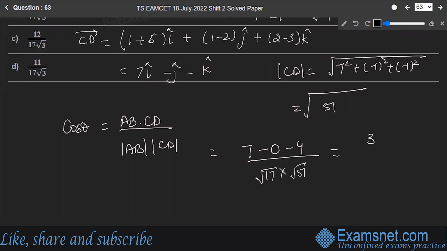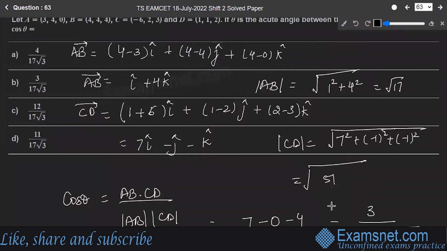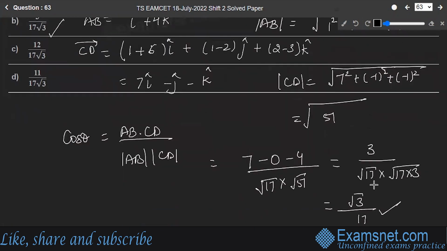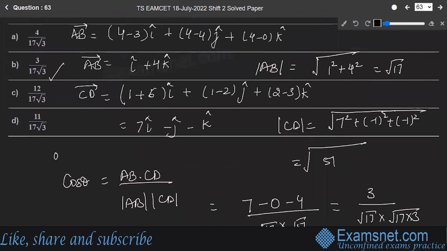That's going to give you 3 upon root 17 into root 17 into 3. So this is going to give me root 3 upon 17. This is the answer to the question. This is not there in the options, but yes, we have option B, which is equivalent to this answer. So that means we have option B as the answer.